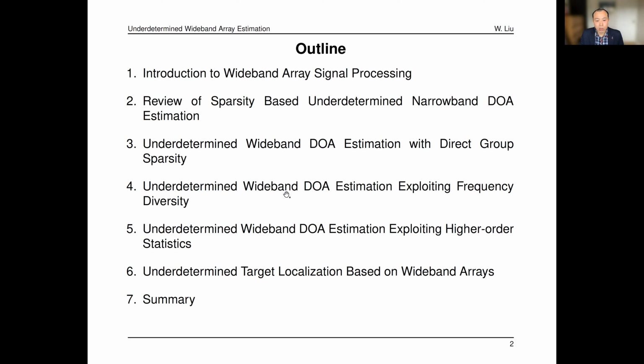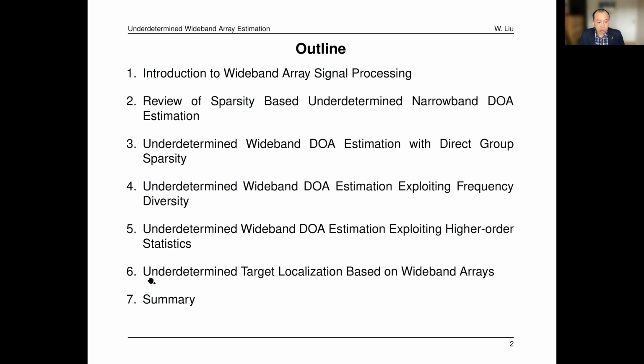We'll talk about this part in section 4. And then in section 5, we talk about underdetermined wideband DOA estimation exploiting higher order statistics. So basically, we can increase the degrees of freedom of the system by exploiting these higher order statistics like cumulants.